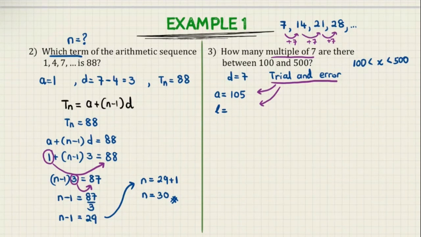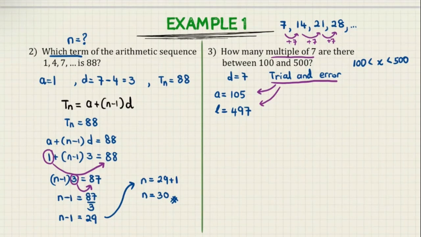So 499 bahagi 7 tak dapat. 498 bahagi 7 tak dapat. 497 bahagi 7. Okay. So the last number which is a multiple of 7 adalah 497. Okay. Boleh ke untuk trial and error ni? Kita tekan kalkulator sendirilah. Berapa nombor-nombor ini bila dibahagikan dengan 7.